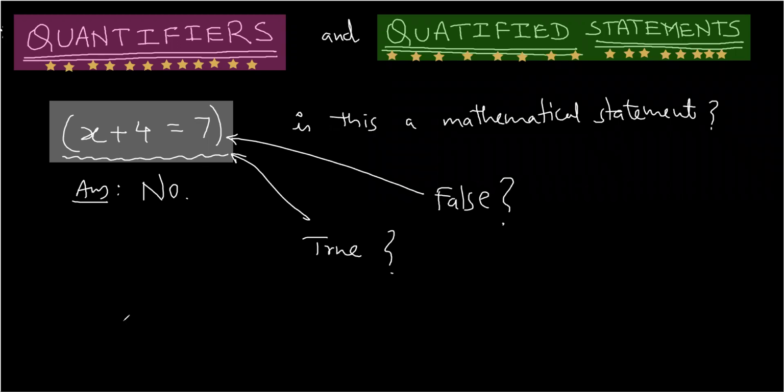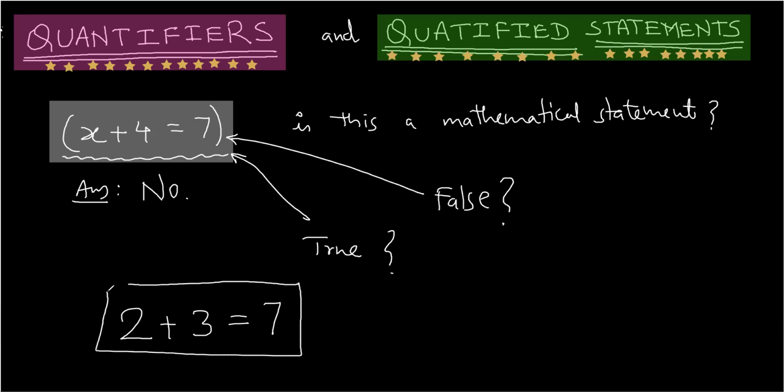For example, if I say 2 plus 3 is equal to 7, and my question is, is this a mathematical statement? The answer is yes. Why? Because the truth value is false. I know 2 plus 3 is 5, and what is given is 7.